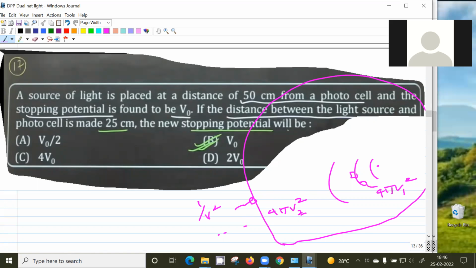Intensity means we have to see the number of photons per unit area. It is the light flux crossing a particular area, like electric flux. So light intensity is the number of photons crossing a unit area.